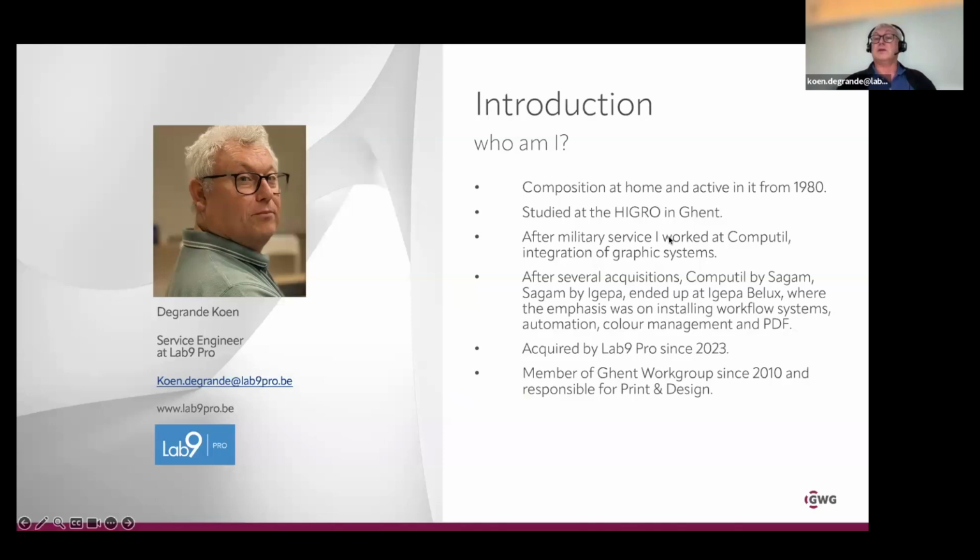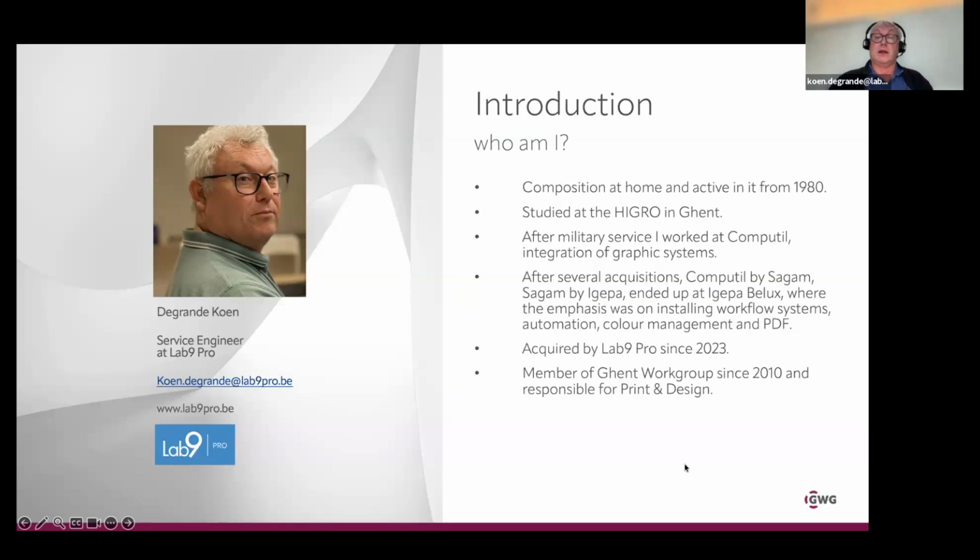I will present myself here. I'm Koen de Grande, as I already said. I've been in the business a long time, as you can see, from 1980. I did some things in the graphical systems world. Lately, in 2023, I was acquired by Lab9 Pro, which is my boss now, the company where I work for.